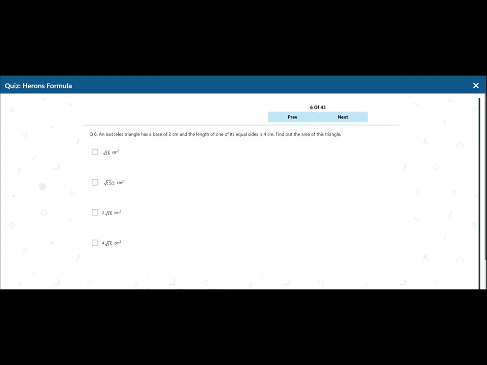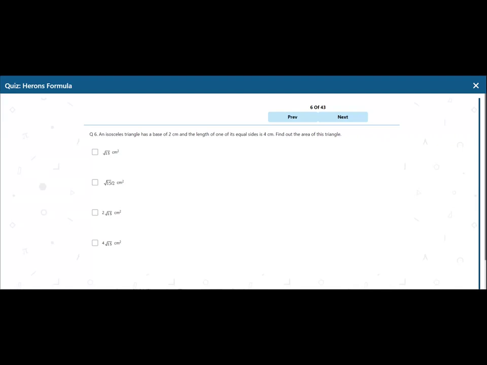Half base into height. First find the height: 4 squared minus 1 squared, right? 16 minus 1, square root of 15.